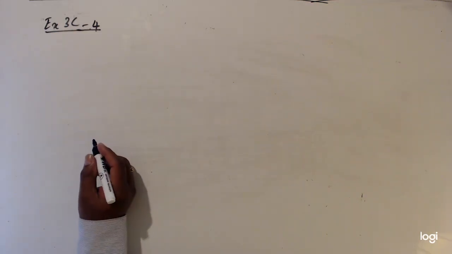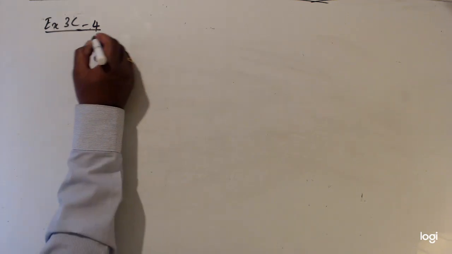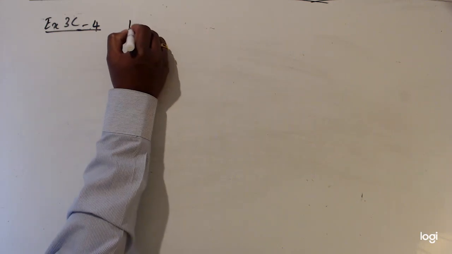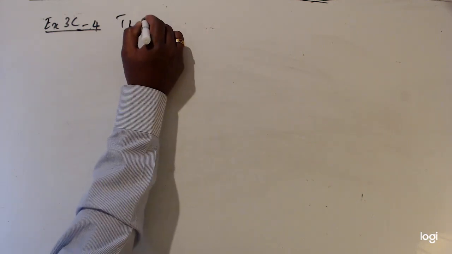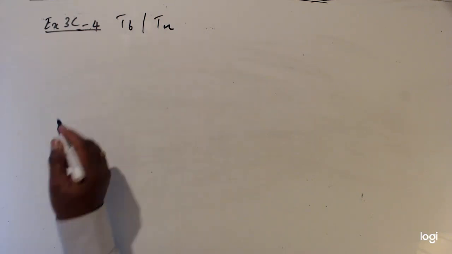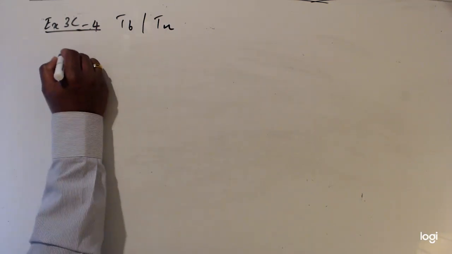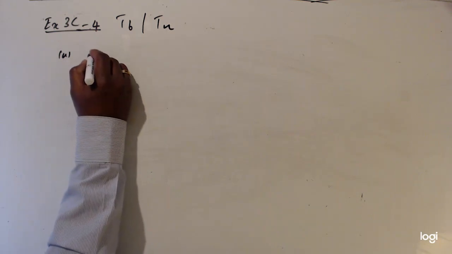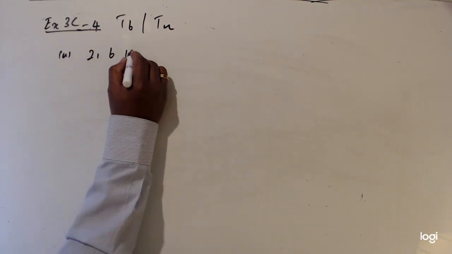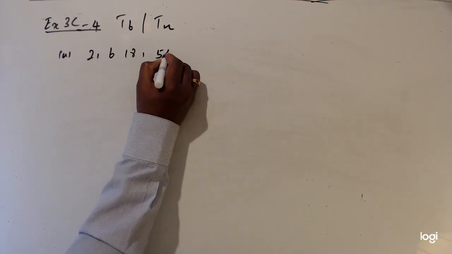Question number 4. We find the sixth term and the nth term. T6 and Tn. Sixth term and nth term. For part a, 2, 6, 18, 54.